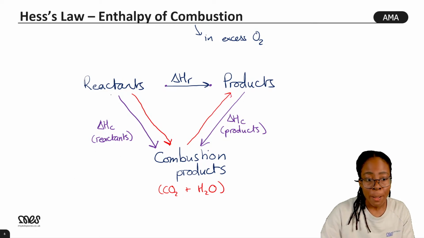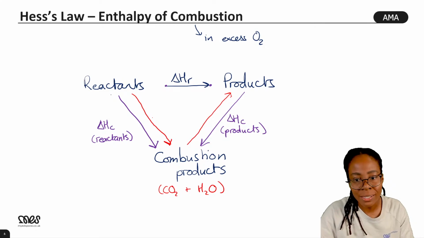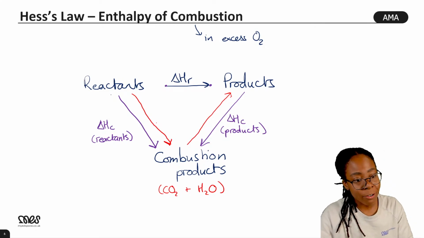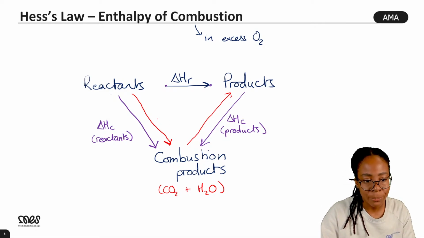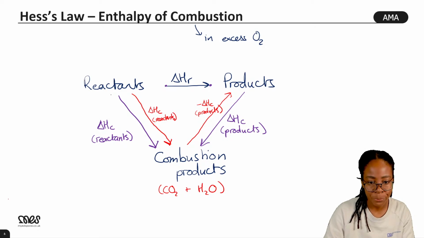Remembering, if we're following an arrow exactly as it was before, it stays the same. But if we flip an arrow, then we flip the sign. So this first arrow still just represents the enthalpy change of combustion for the reactants. But this second red arrow represents the negative of the enthalpy change of combustion for the products because we flipped the direction of the reaction.